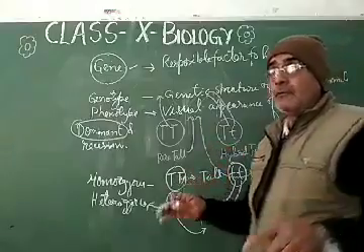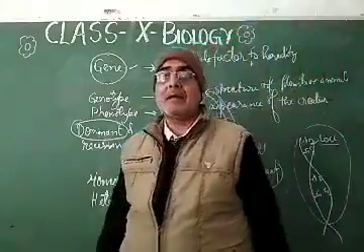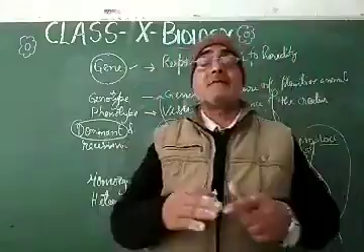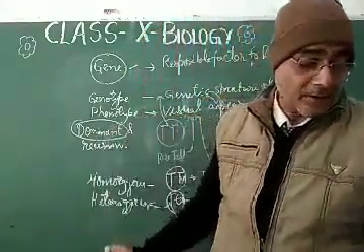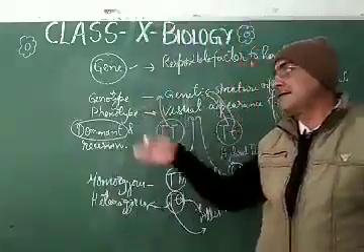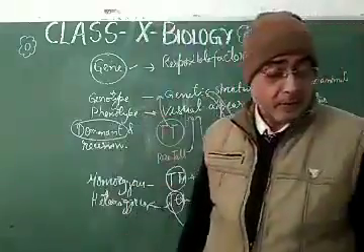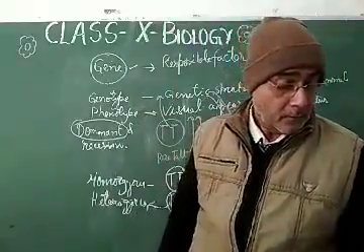That zygote will be able to inherit the character, that zygote will be able to design its body structure. So these are the important things that you have to learn in the science of genetics.